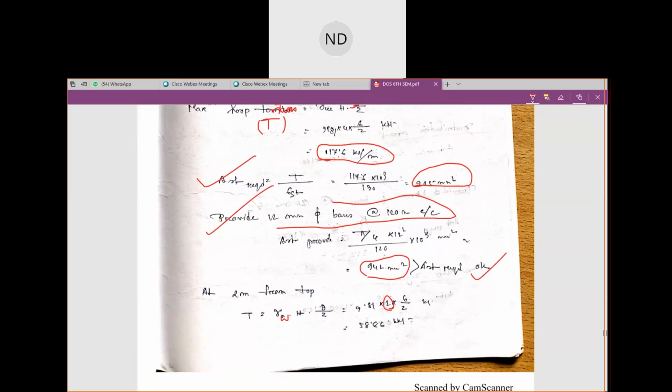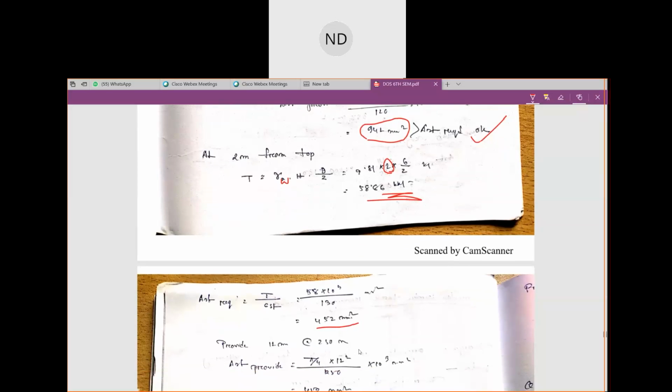So at 2 meter from top, we have this much tension, 58.86 kilonewton.